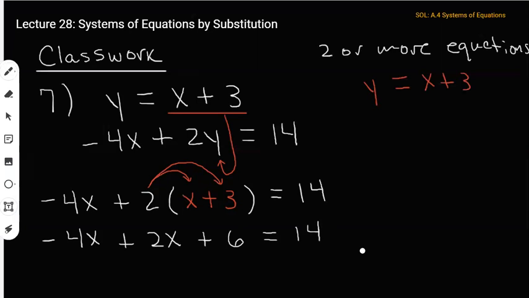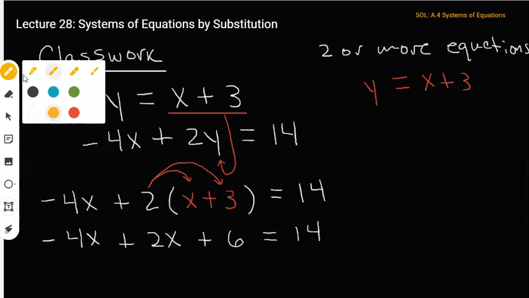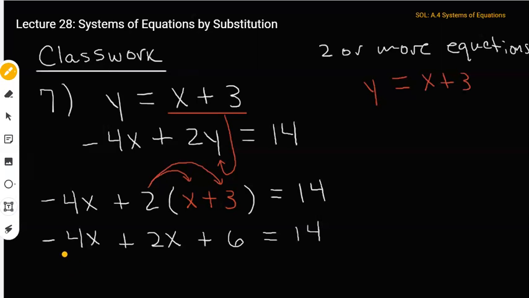Okay, so we're almost done. I just need to get x by itself somehow. Notice that we have like terms right here. This negative 4x and this positive 2x are like terms. That means we can put them together. So negative 4x plus 2x is going to give me negative 2x.